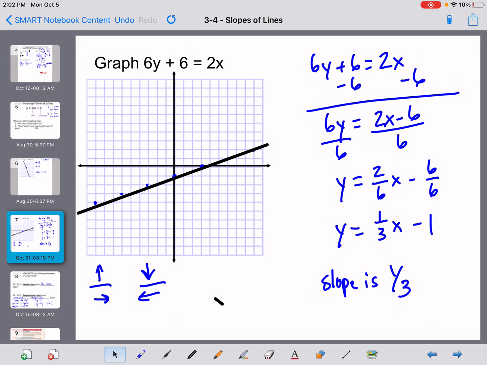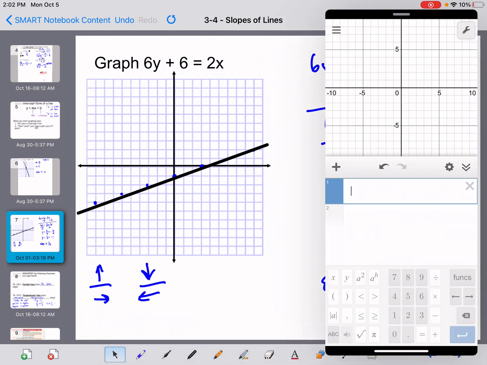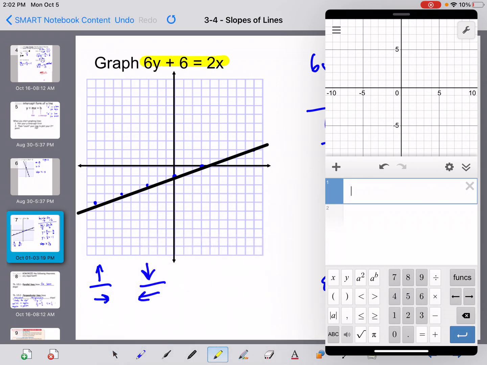Now, if you struggle with being able to rewrite these equations, you can use Desmos. Type in what you're originally given. So in that case, I'm going to be typing in this. Desmos doesn't care what it looks like when you type it in. It will understand how to graph it however it looks. Okay? So now, is that pretty much what I got?